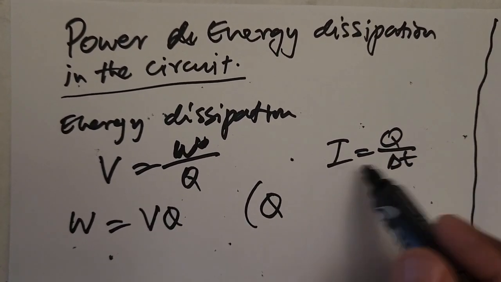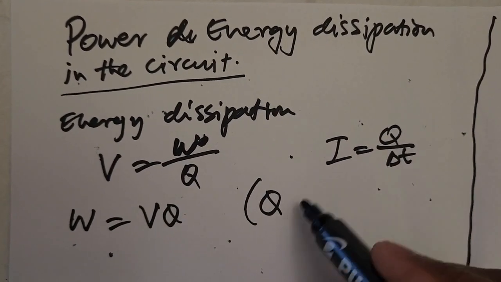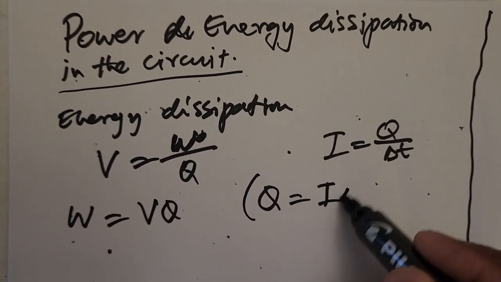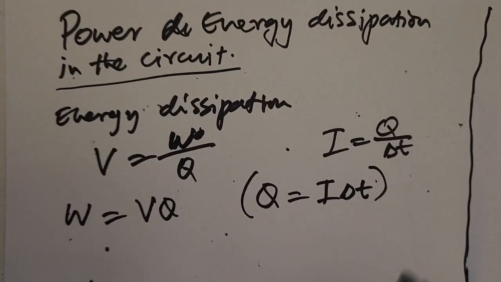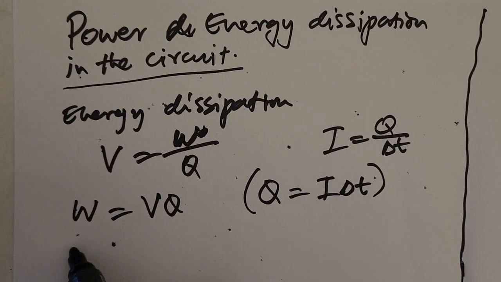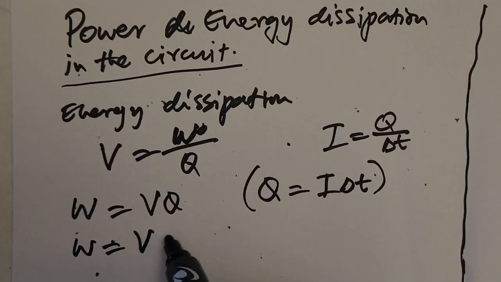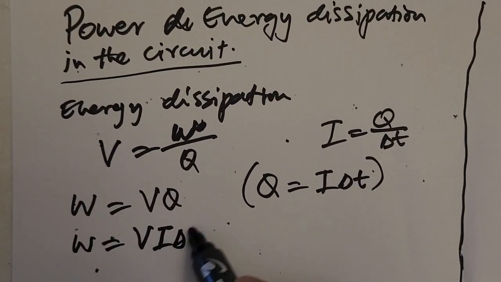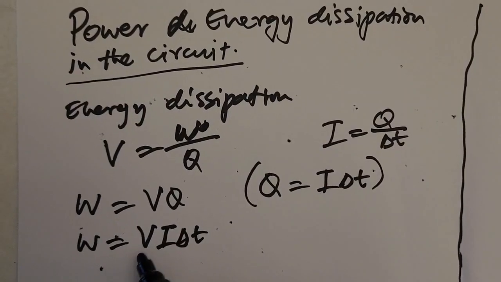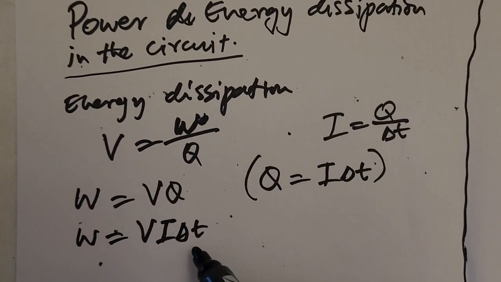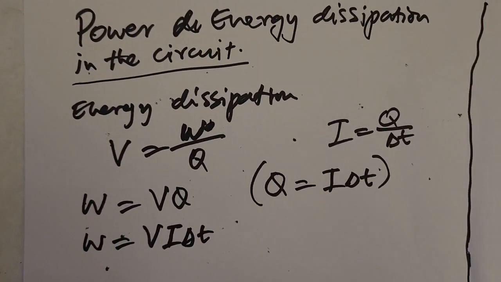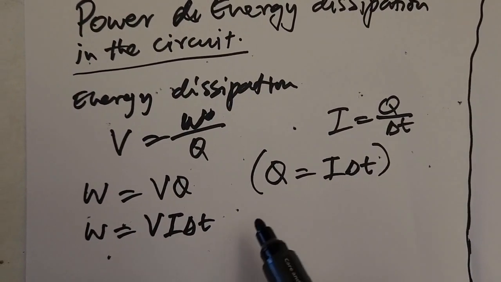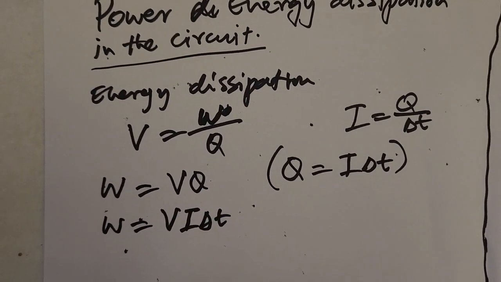From this formula, the charge will be the same as current multiplied by delta T. Then the formula of energy will be VI delta T. So if you've got the potential difference, the current, and how long the current is flowing in the circuit or across a component, you can always calculate the energy dissipated in that component.